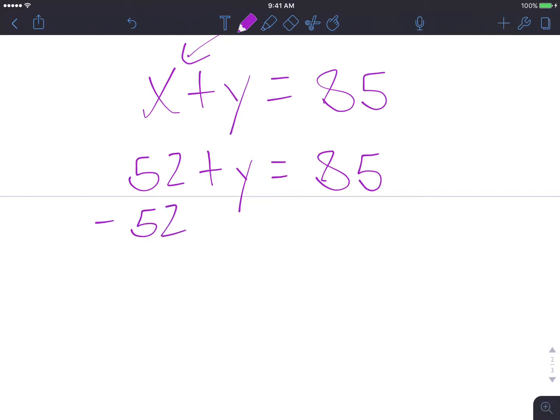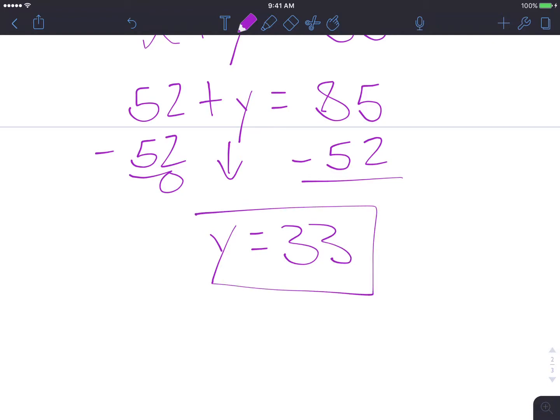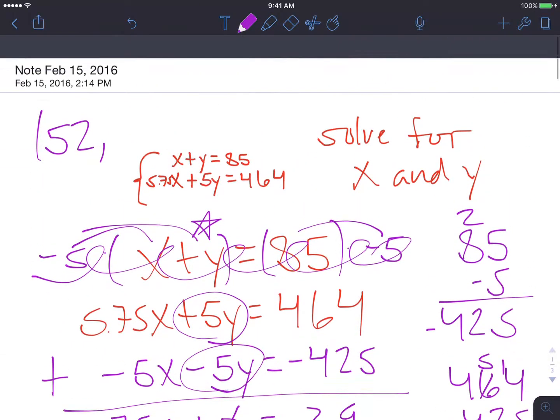Subtract 52 from both sides. I want to isolate the variable and get it by itself. So that just drops down the y. y equals 33. And there you go. y equals 33.